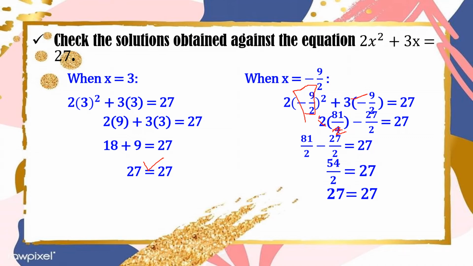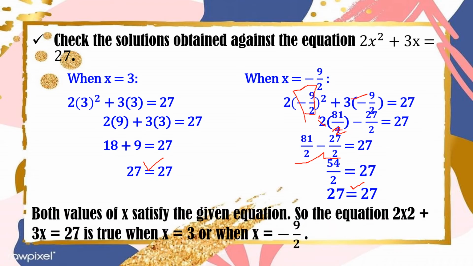Subtract 81 over 2 and 27 over 2. So, subtract, it will become 54 over 2 equals 27. Now, divide 54 by 2, it will become 27 equals 27.